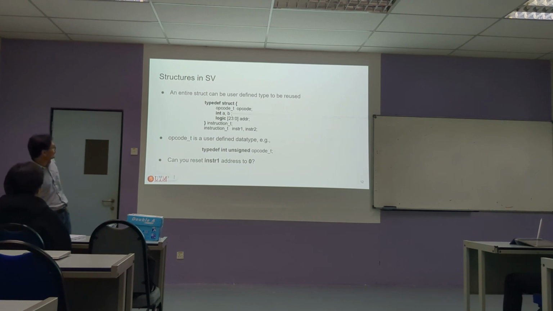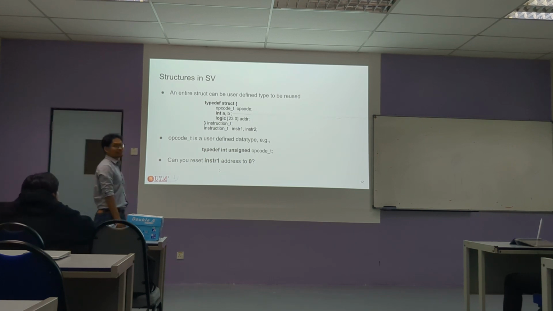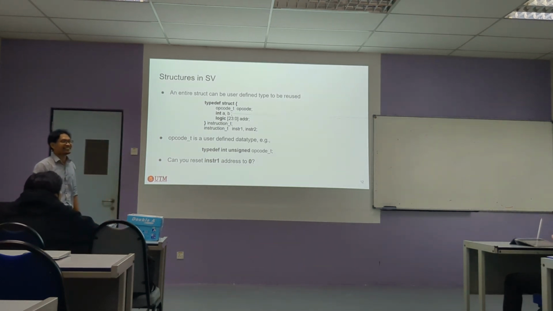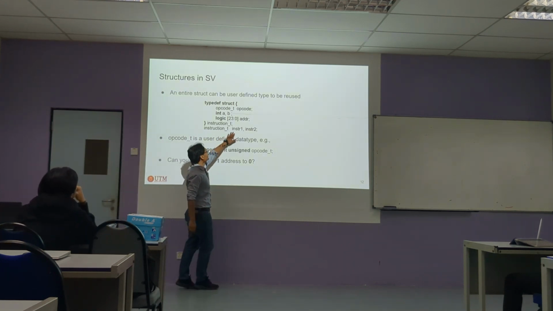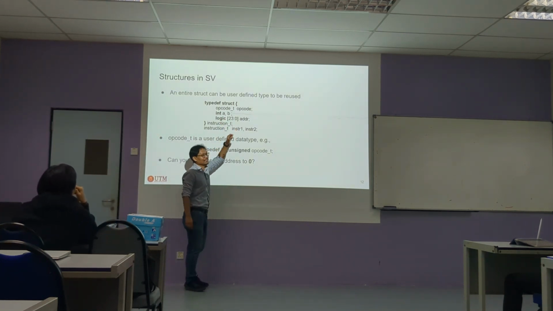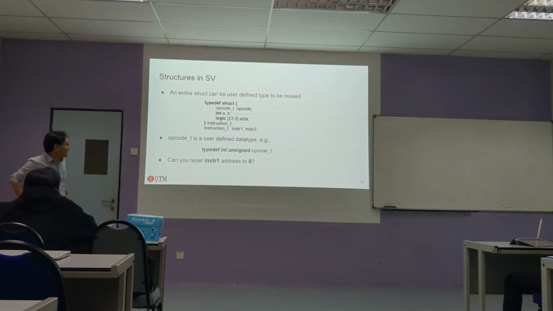Okay. So how to reset instruction 1 address to 0? What is the syntax? What do you think it will be? Instruction 1 consists of all this, and I want to set my address to 0. So how do I set my instruction 1 address to 0?